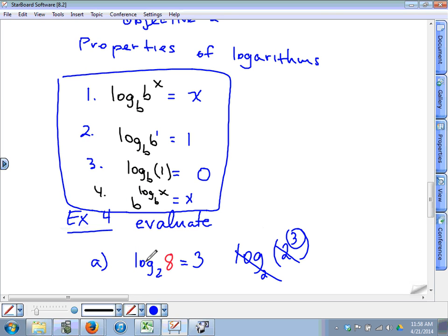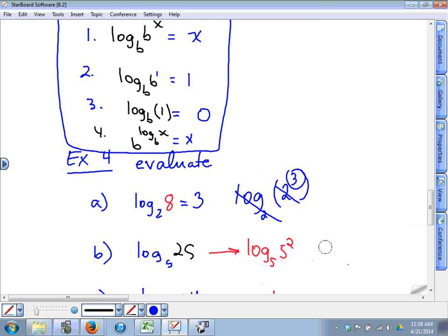We're just about done. Quick, quick, quick. Log base 5 of 25. Don't yell it out. Let everybody have a chance to think about it for a second. Log base 5 of 25. So it's 5 to the 2, 25.